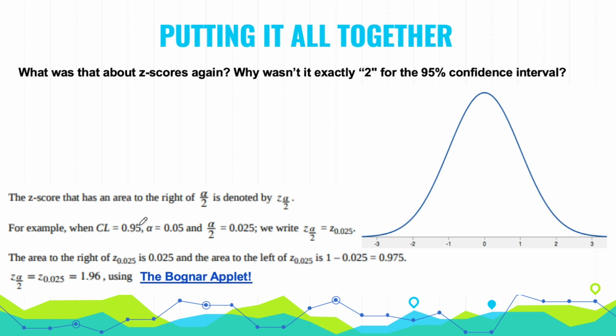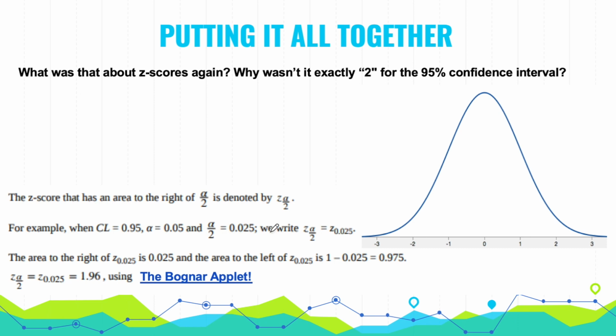We can construct a confidence level of 95% or 0.95 written in proportion form. So alpha would be 0.05 and alpha divided by 2 would be 0.025, again written in proportion form. So we will write z sub alpha over 2.